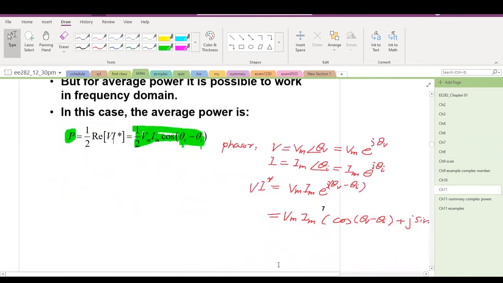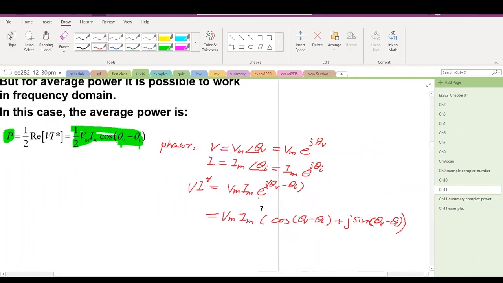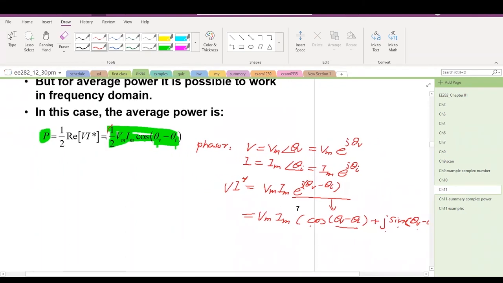And if we apply Euler's formula, that equals cosine(theta V minus theta I) plus j sine(theta V minus theta I). If we take the real part, that equals Vm Im cosine, this portion here. And then there's a half here as a scale. Therefore, this portion equals half the real part of V multiplied by the conjugate of I in the phasor domain.